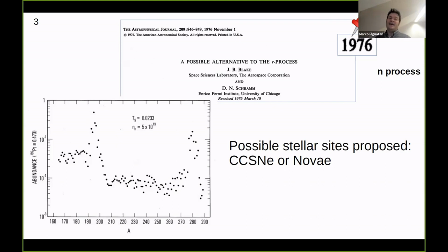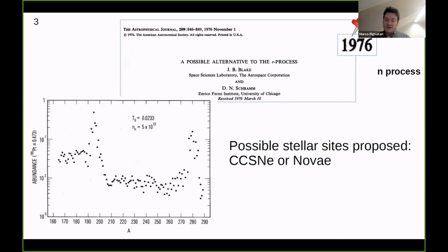The interest was that if you run the calculation for this regime of neutron densities, it was possible to produce elements all the way up to the actinides, and so they were proposing this as an alternative option compared to the more classical R process.